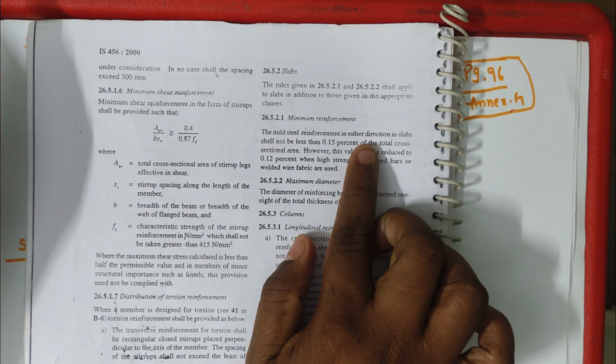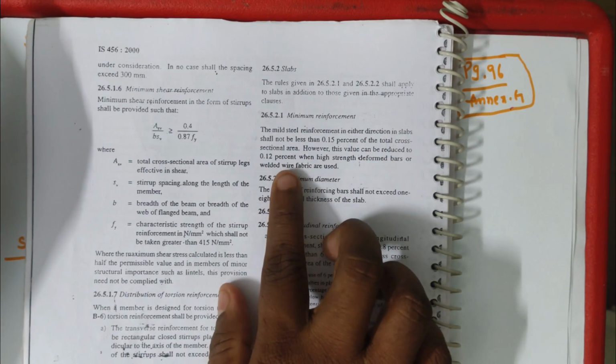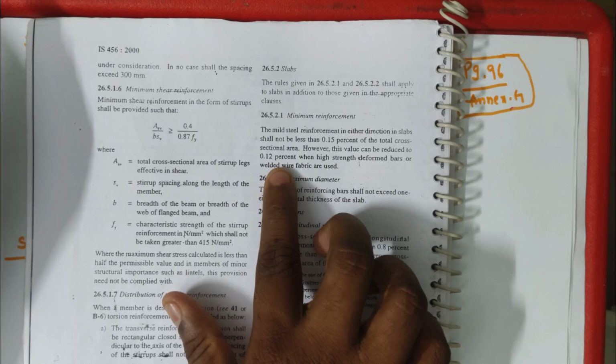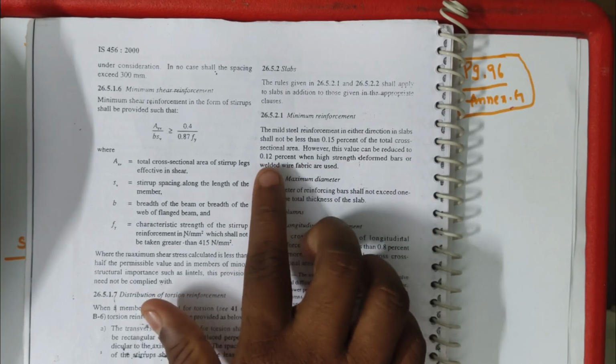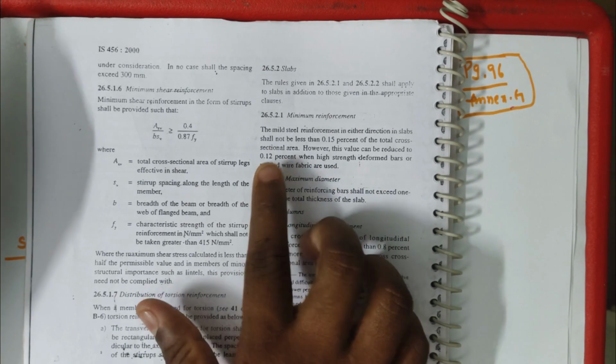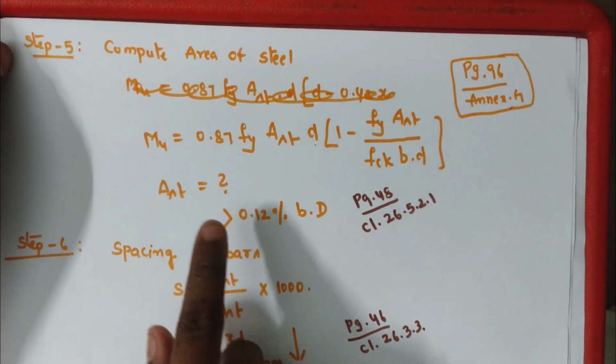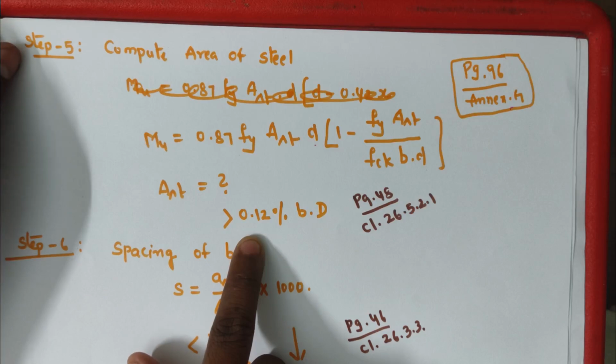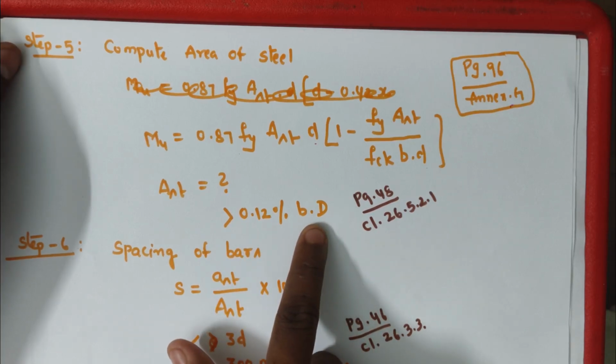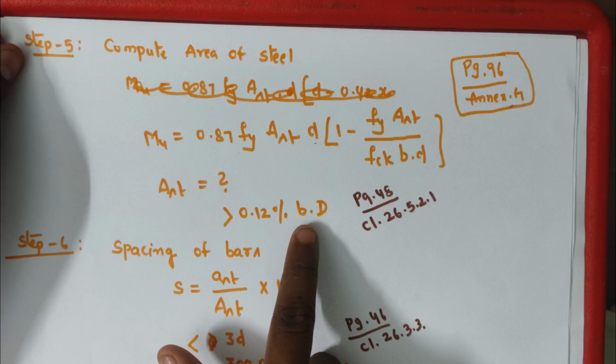For other steels, it is 0.12%. For HYSD, it is 0.12%. That's why the steel we provide should be greater than 0.12% of gross cross-sectional area, that is B times D.